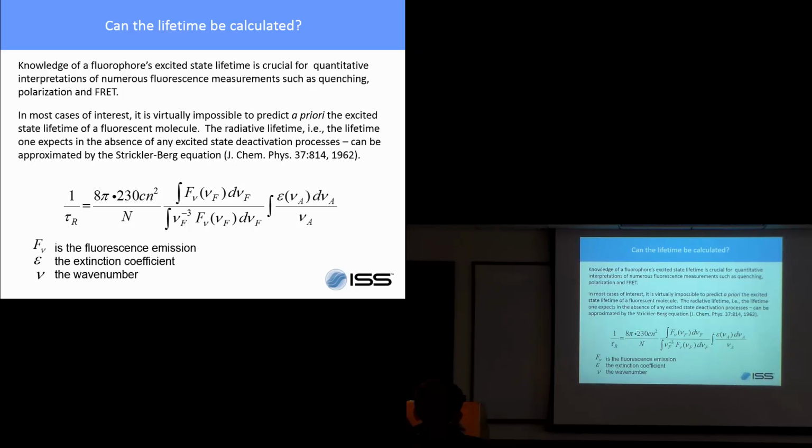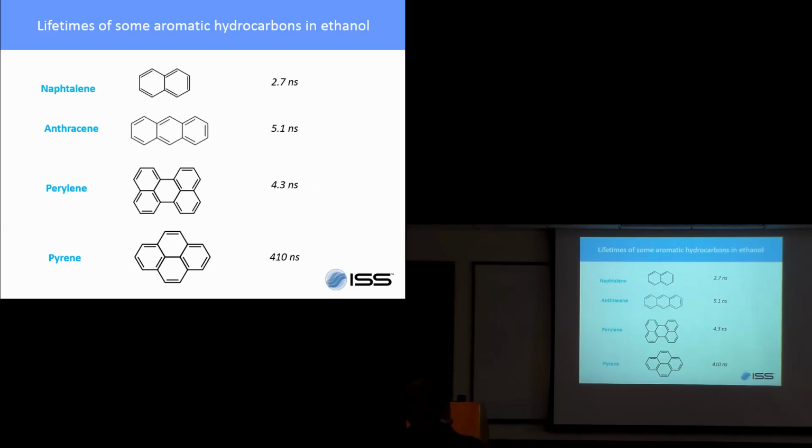It's a complicated formula. It contains the speed of light, the index of refraction, the Avogadro number, the distribution of the emission spectrum, the absorption spectrum, and the extinction coefficient. It's so complicated that even if you try to solve it, it usually never gives the results that you actually measure with the molecule.